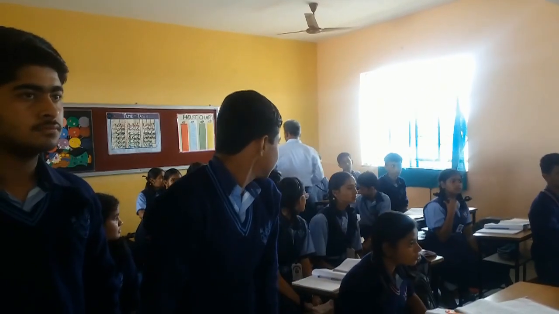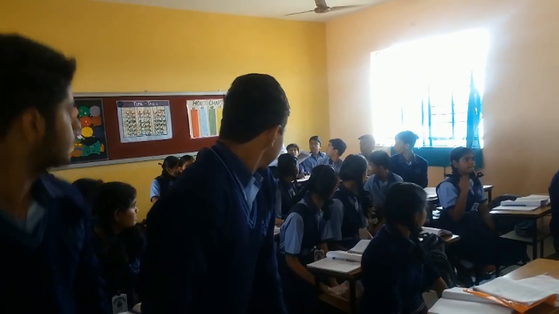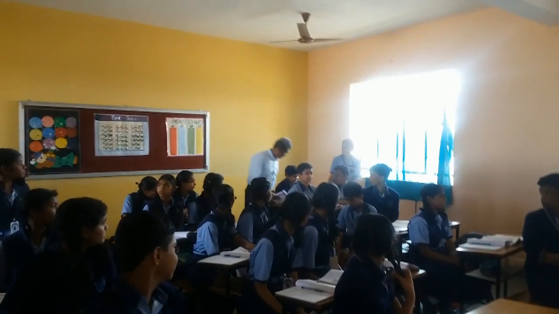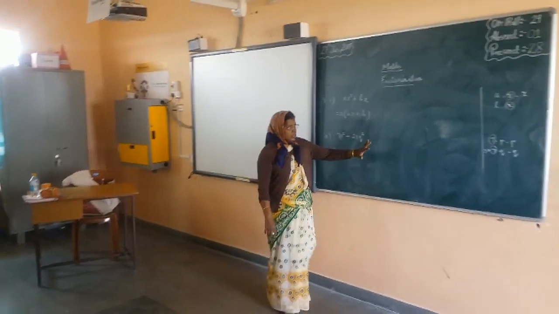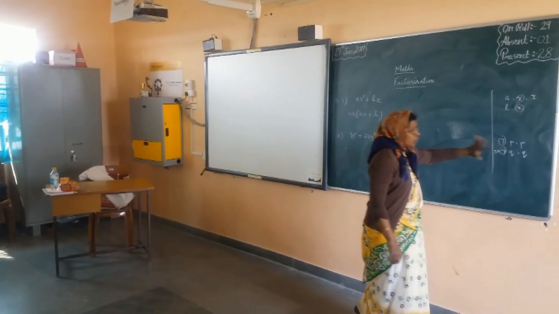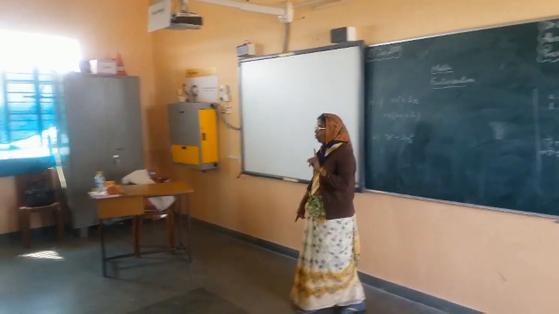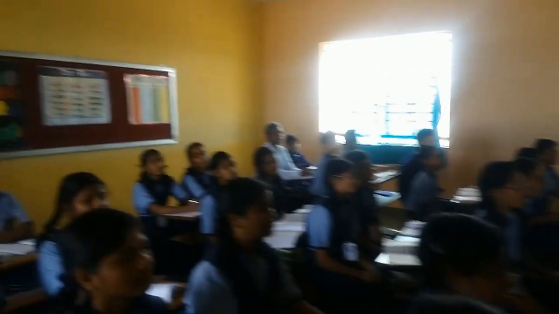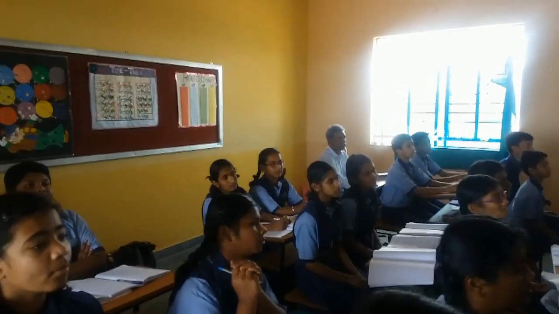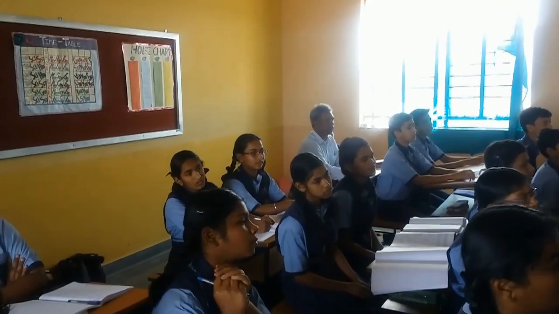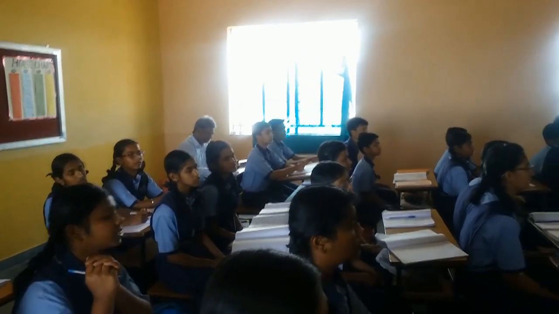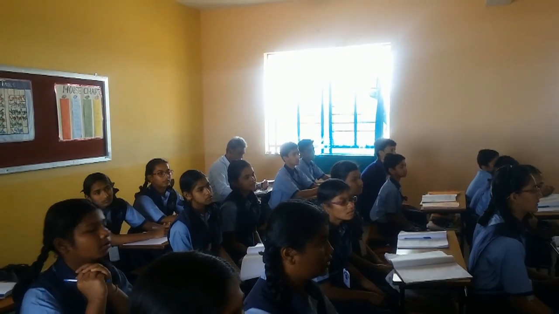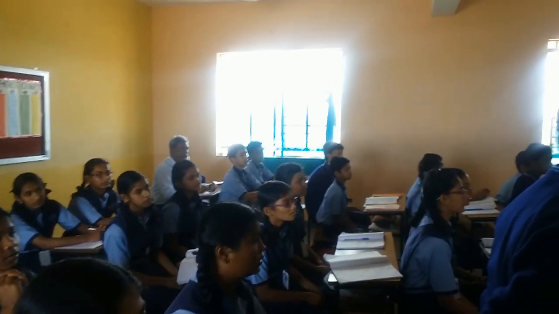You two come here. Get up. Look at the board. Now compare these two. What is common to both the terms? 7. One at a time. What is left? P into P, P square.